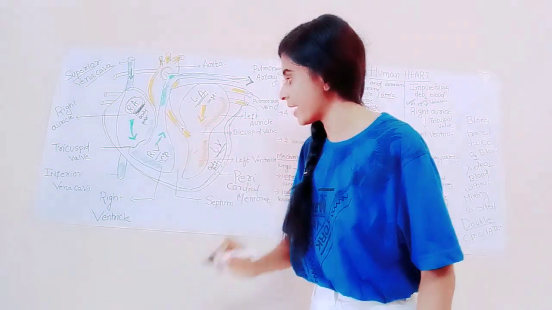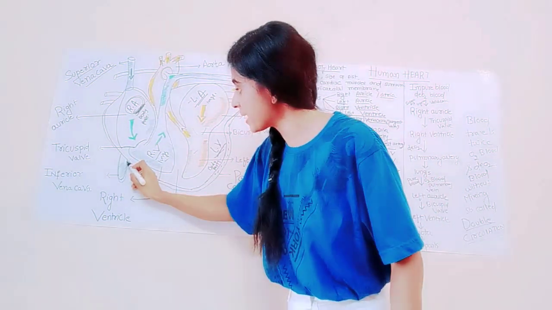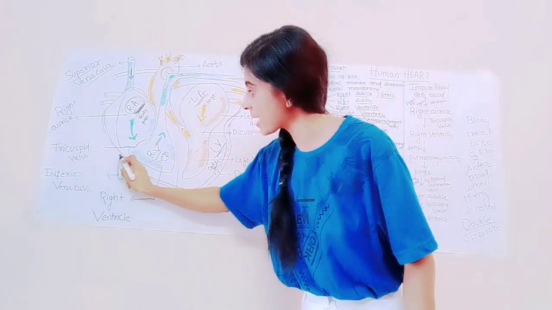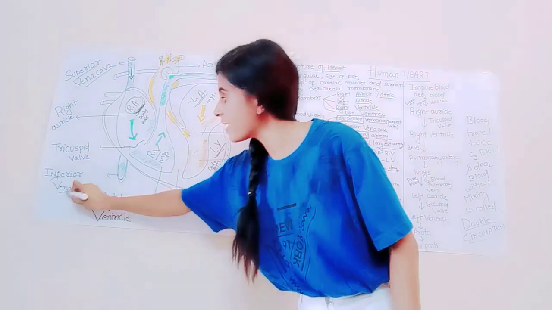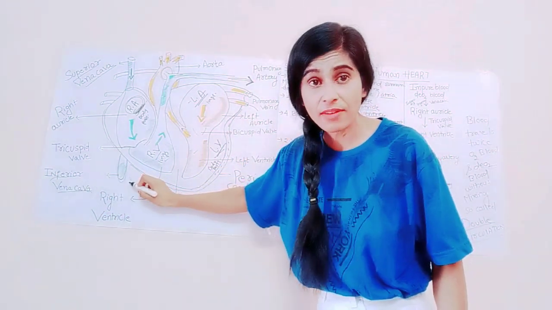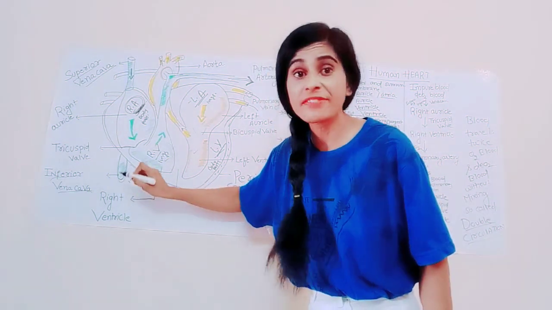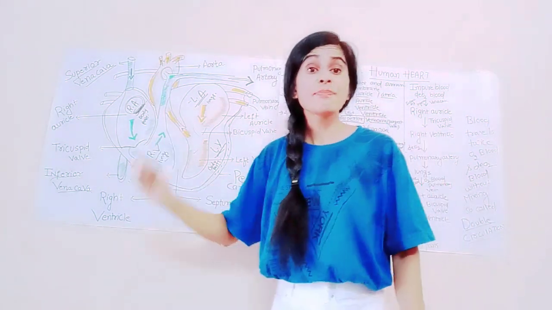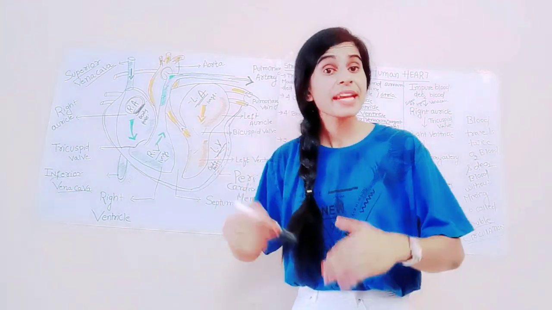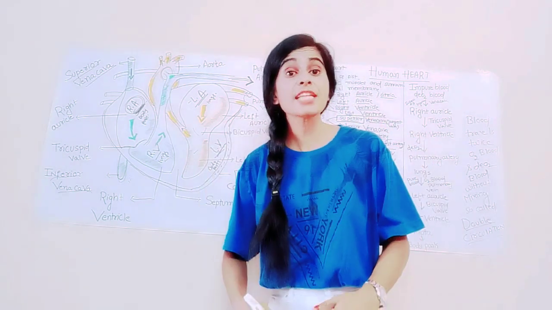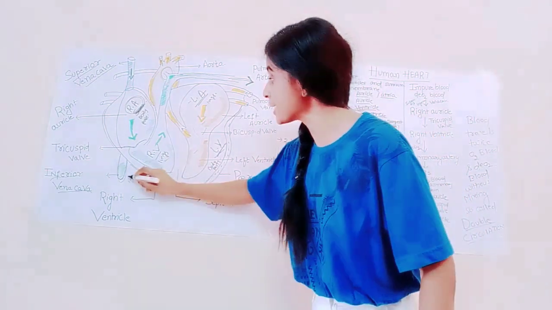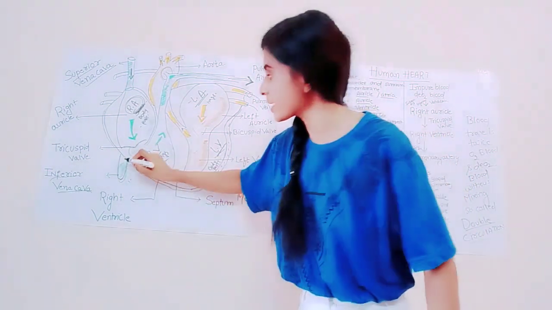In the same way, here you see the inferior vena cava, in the lower part. This inferior vena cava will receive blood from the lower parts of the body and send it to your right auricle.